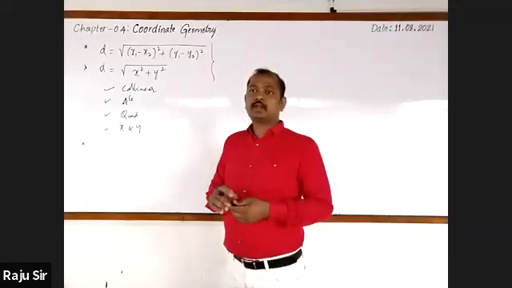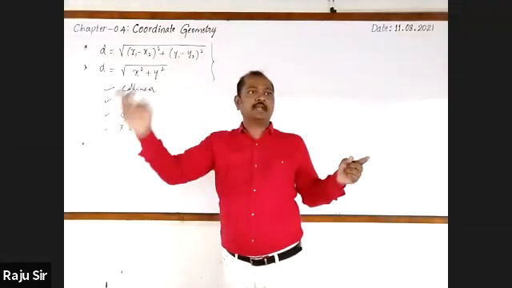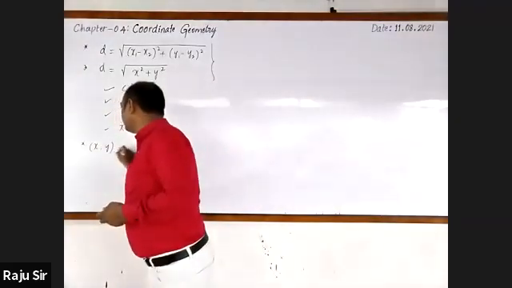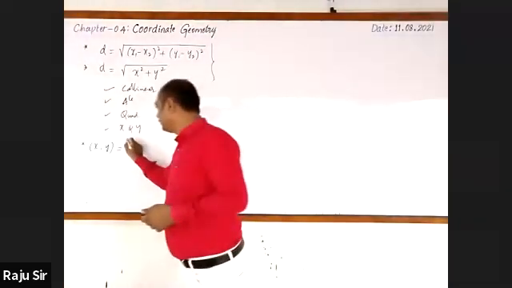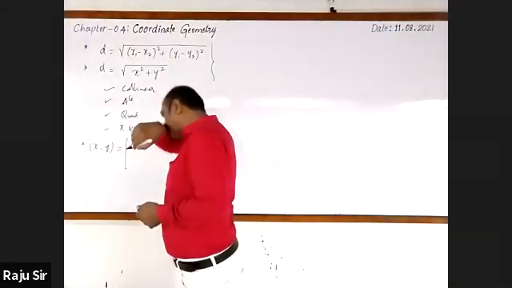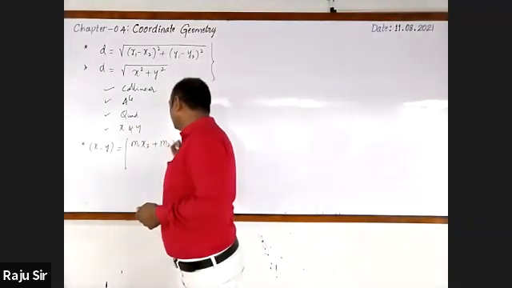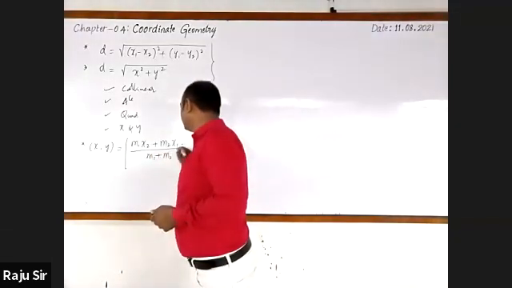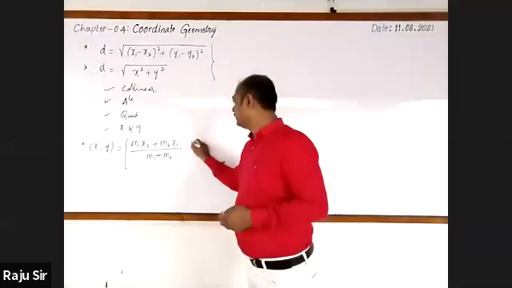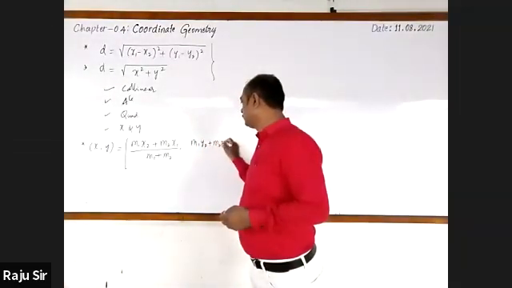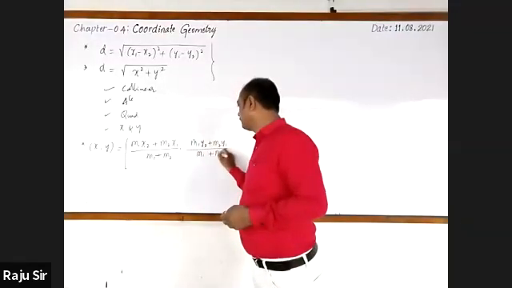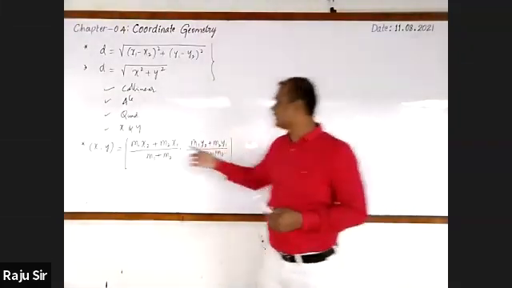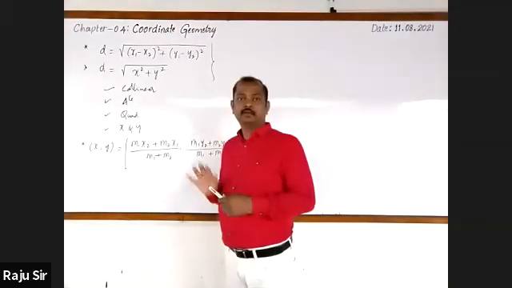If the ratio is taken as m1 and m2 and the two points as (x1, y1) and (x2, y2), then we can use the formula (x, y) equal to x = (m1 x2 plus m2 x1) by (m1 plus m2). Similarly, the y coordinate is (m1 y2 plus m2 y1) by (m1 plus m2). And this is for internal division. For external division, we just change the sign, right?